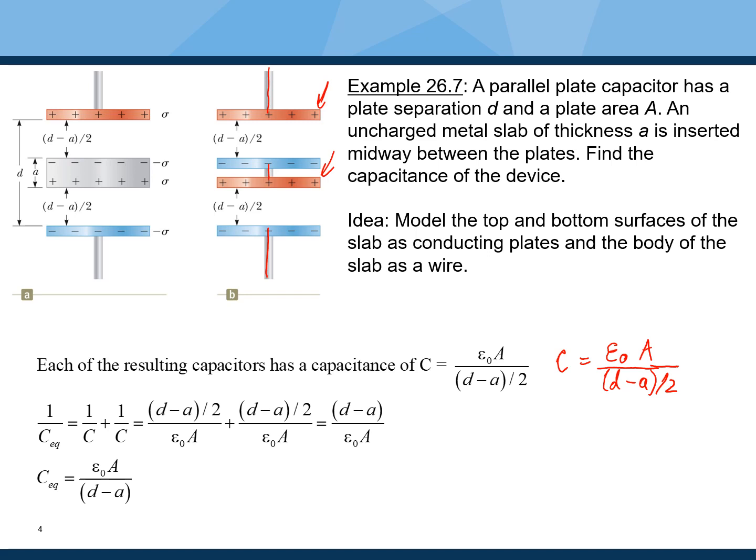are connected in series. In order to do that, we realize that capacitors that are connected in series are added reciprocally, and therefore we say that 1 over CEQ, where CEQ is the equivalent capacitance, is just given by (D minus A) over 2 divided by epsilon naught A, which is the reciprocal of the first capacitor, plus (D minus A) over 2 divided by epsilon naught A, corresponding to the second capacitor.